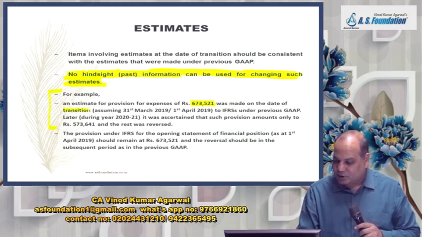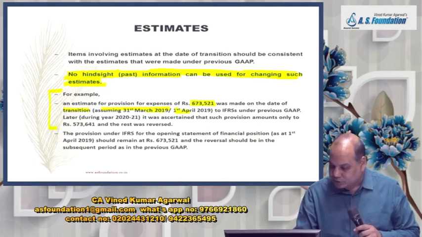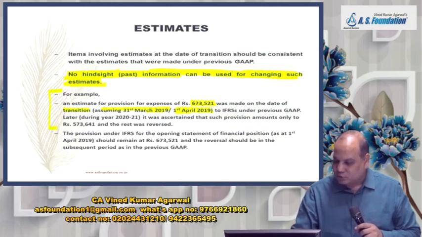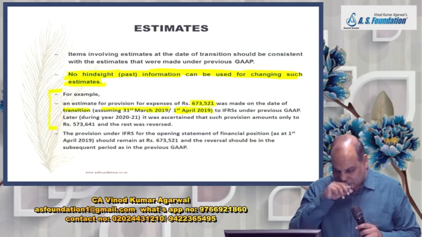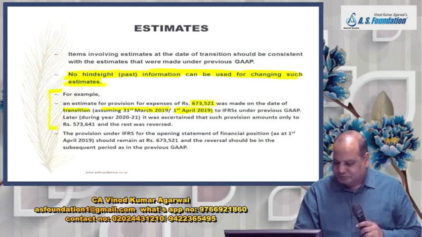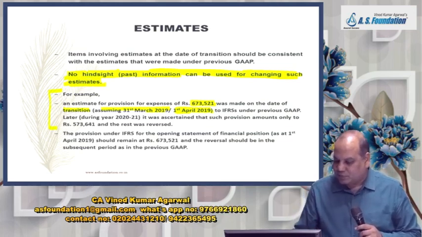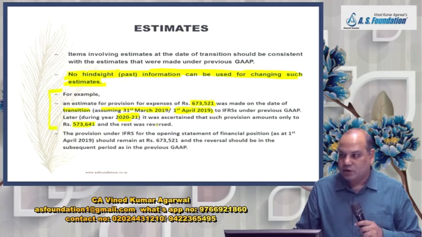Okay, assuming the previous year ending date is 31st March and the date of transition is 1st April 2019 to IFRS under previous GAAP. Later during 2021, which is my first IFRS based financial reporting period, it was ascertained that such provision amounts only to 573,641 and the rest was reversed.